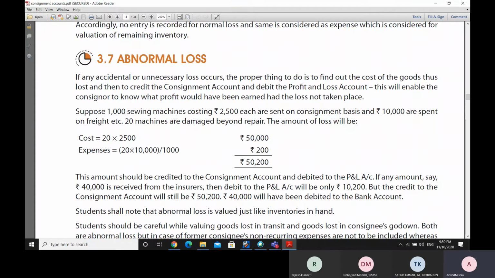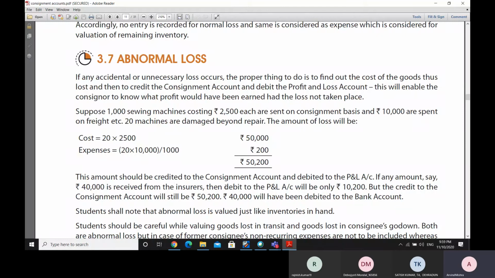It is necessary for us to find out how much profit we would have made if that abnormal loss had not happened, because that helps us ascertain what kind of profits we are making on the consignment business. So obviously, even if we get some money back from the insurance company, that should not affect our calculation of the profit on the consignment.